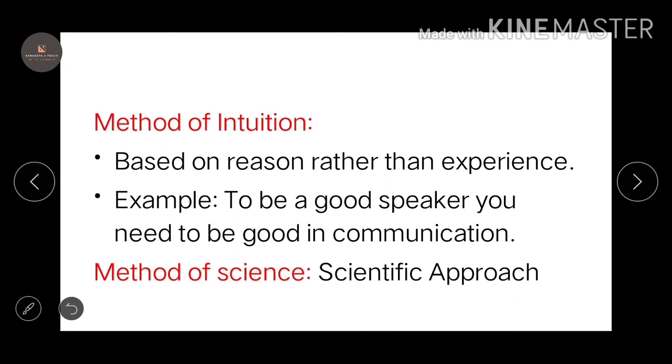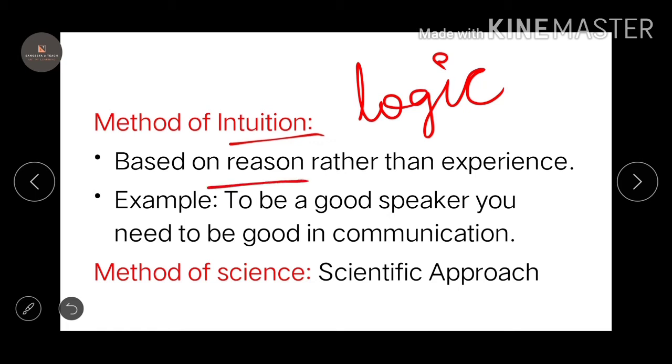Coming to the next method, intuition. Intuition is based on logic or a reason, and it is not based on experience. So this is based on reason rather than experience. For example, if you want to become a good speaker, you should be good in communication.